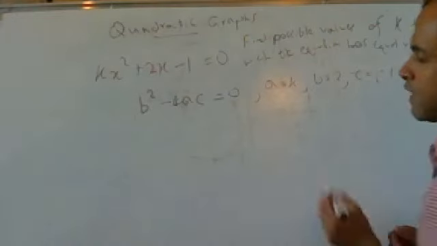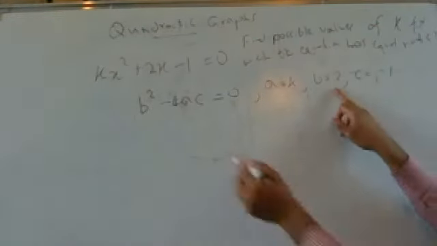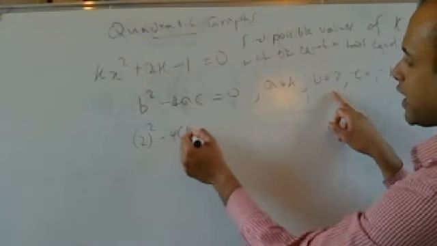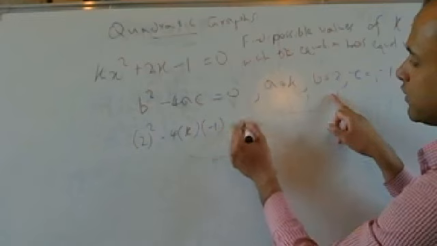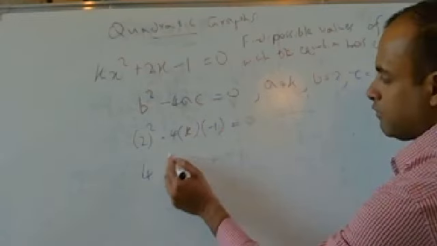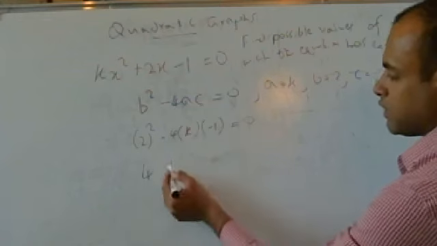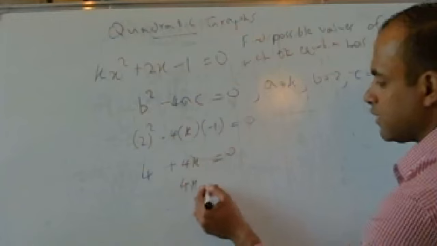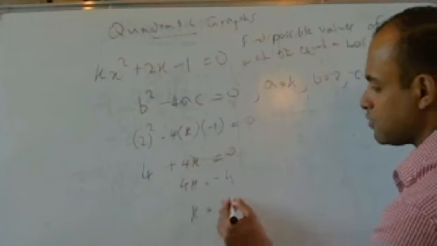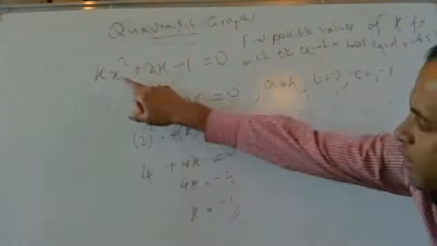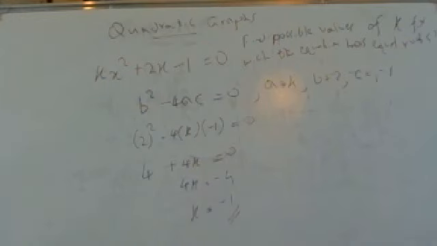So b squared minus 4ac: b squared will be 2 squared, minus 4 times a, which is k, times c, which is minus 1, equal to 0. So minus 4 times k times minus 1 is plus 4k, equal to 0. So 4k equals minus 4, so k equals minus 1. So when k equals minus 1, this equation is going to have equal roots.